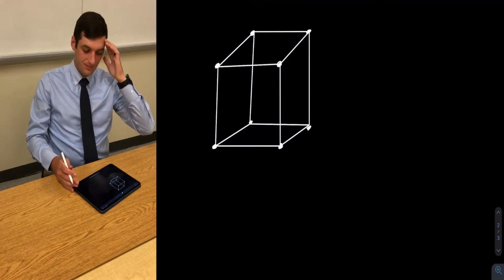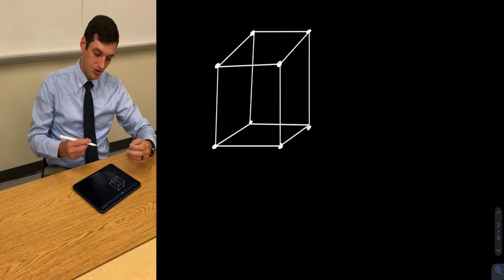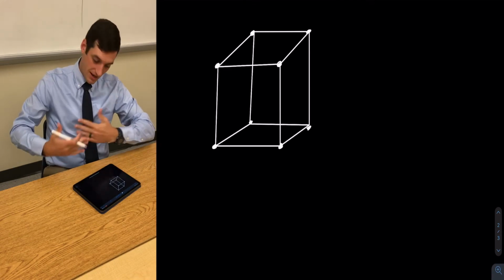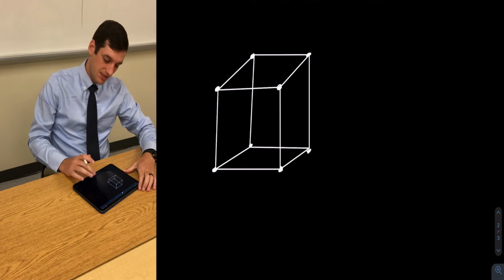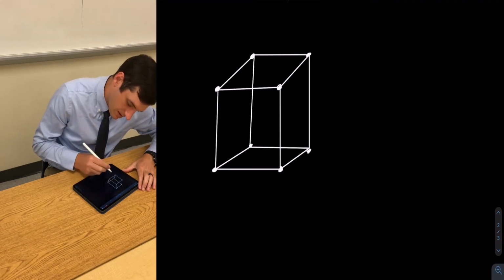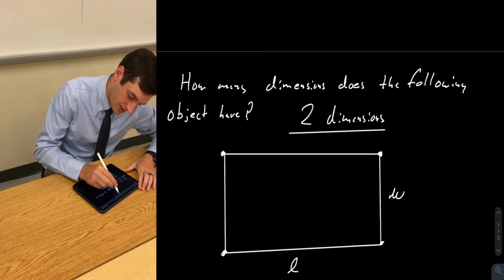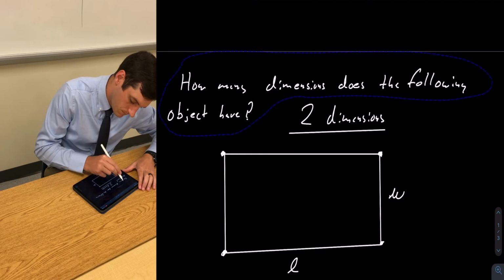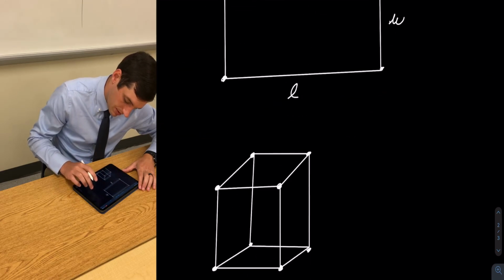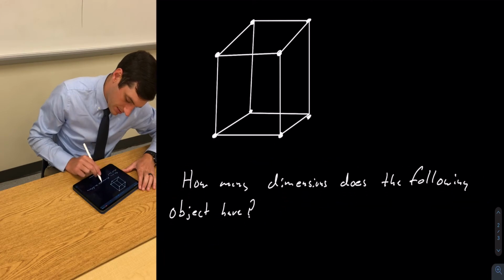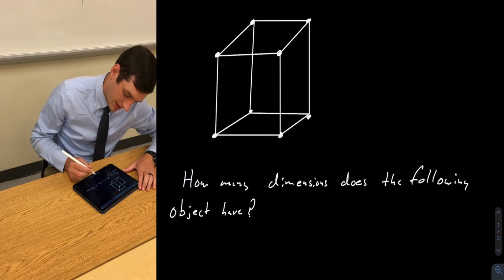So now we have 2 two-dimensional objects and we connected them. So how many dimensions does this have? Let's copy the one before, paste. How many dimensions does the following object have?